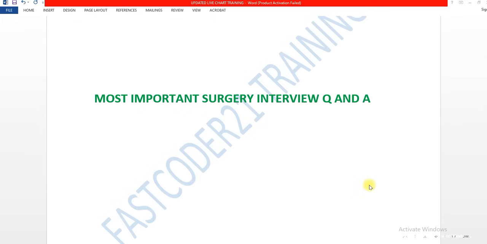One code. Yeah, one code. For example, the physician has performed one major procedure on the arm and one separate procedure on the knee. How do you code this?